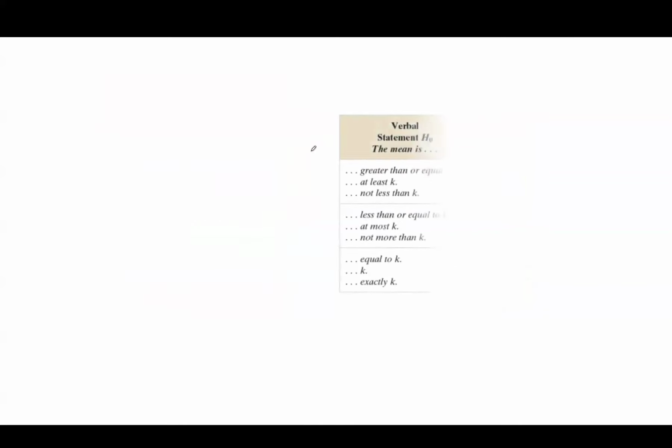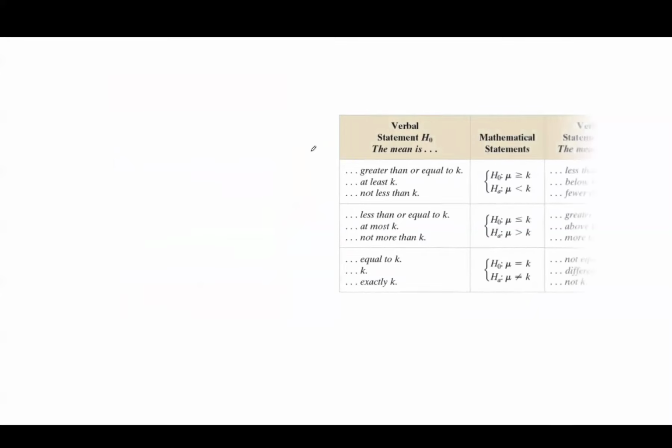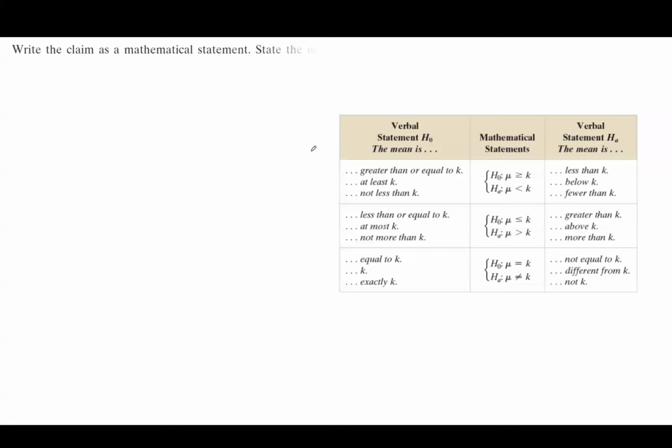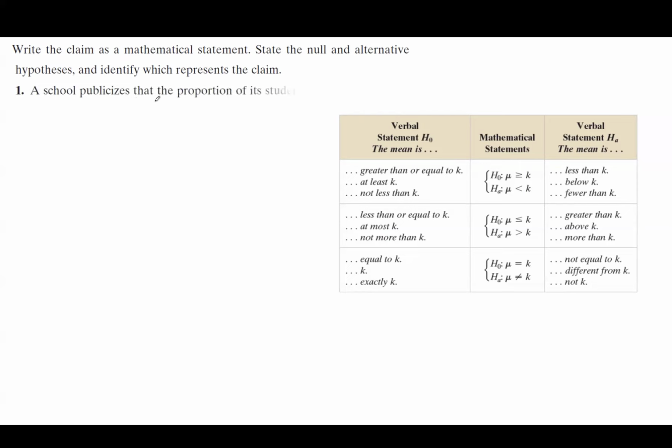For example, here is the summary of what we just discussed. In this question, write the claim as a mathematical statement, and state the null and alternative hypothesis. What is the claim? Number one, a school publicizes that the proportion of its students who are involved in at least one extracurricular activity is 61%.